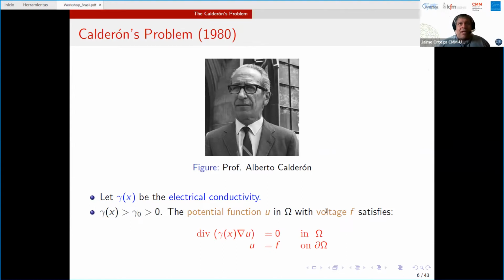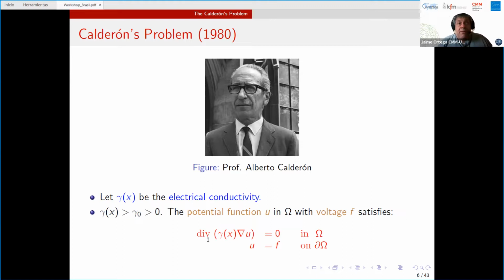I have an equation, the divergence of gamma gradient u equals 0 in omega, where omega is an open set, and u equals f on the boundary. In this case, u represents the potential function, and gamma is the electrical conductivity of a wire. The main question is: is it possible to reconstruct the conductivity by measuring only on the boundary?